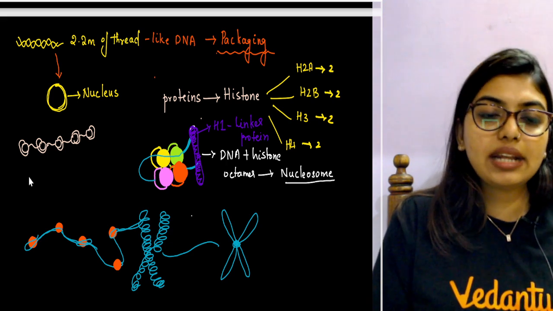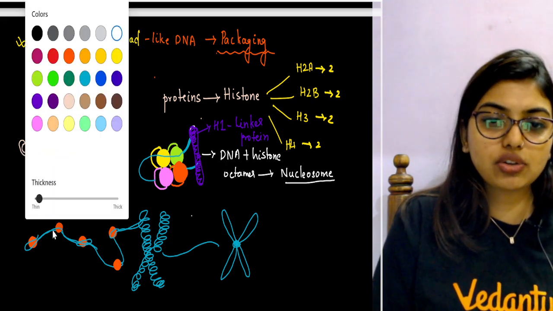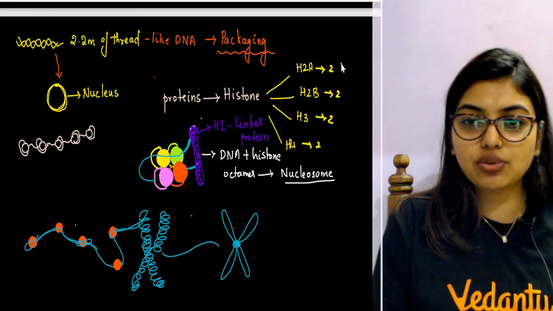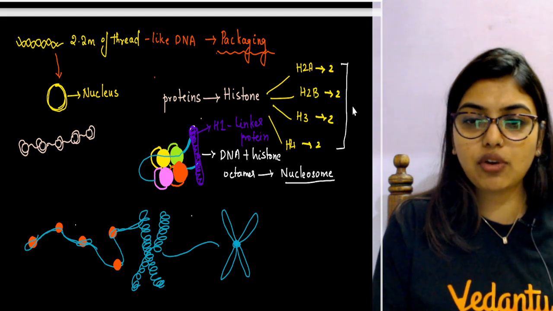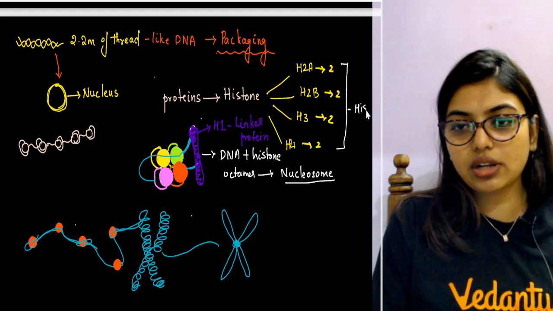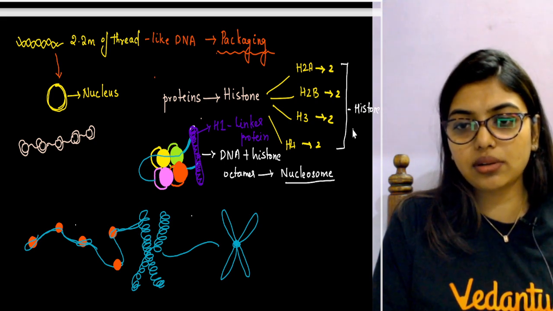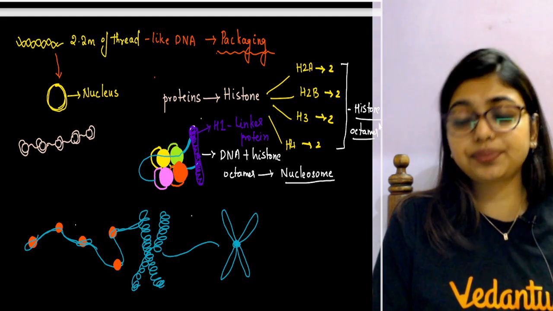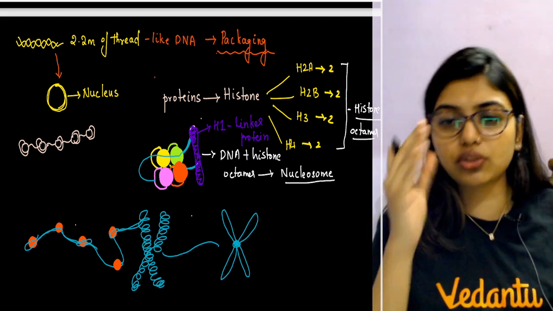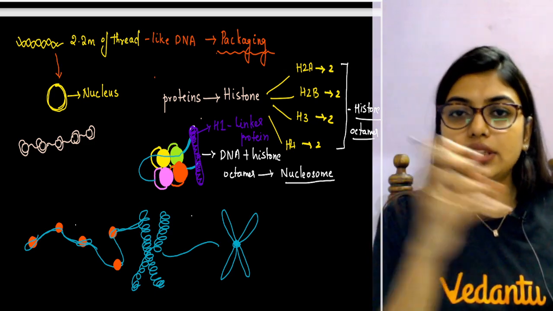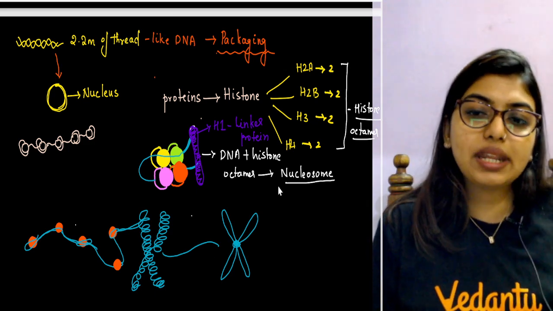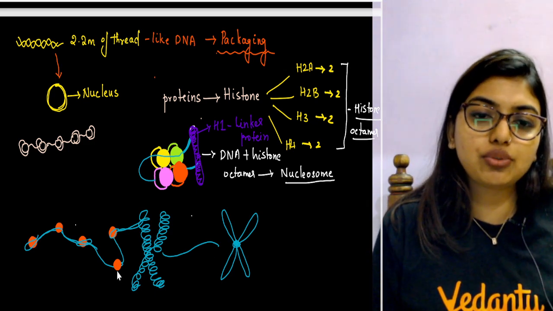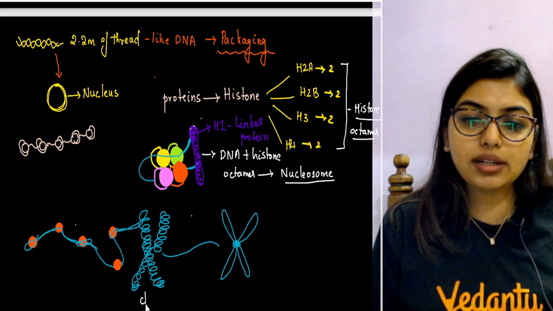So there are eight structures called histone octamer, that is H2A, H2B, and so on. All this together will form the eight structures called histone octamer. This entire histone octamer with the DNA will form the nucleosome. Many nucleosomes together will form the chromatin.